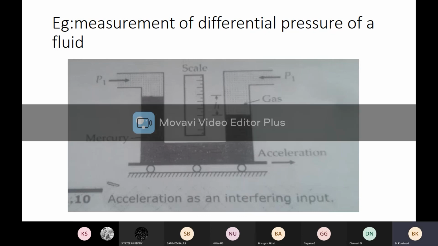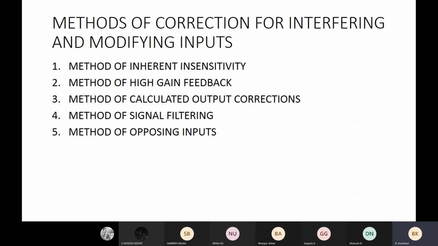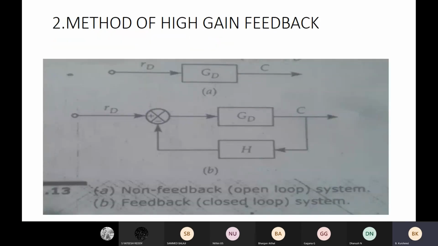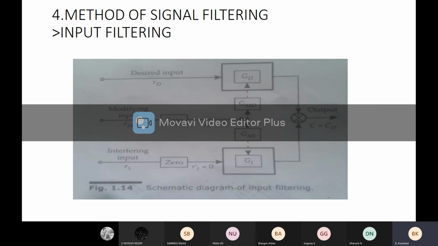Just by knowing by how much the modifying or interfering input is affecting, based on that we will correct for the temperature so that those two can be nullified. Means based on the calculation values.